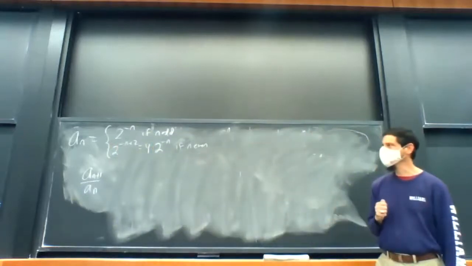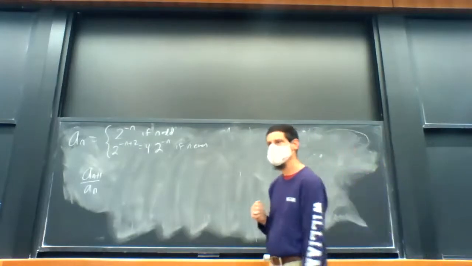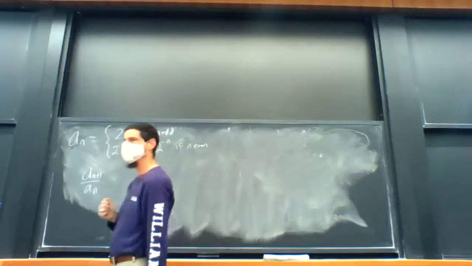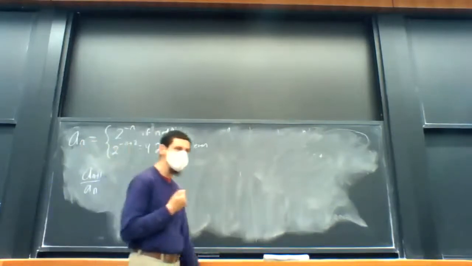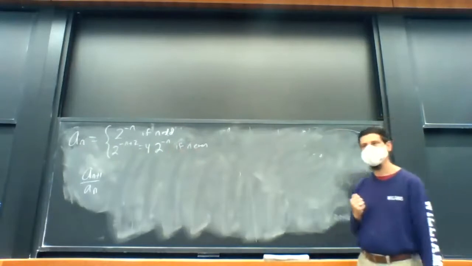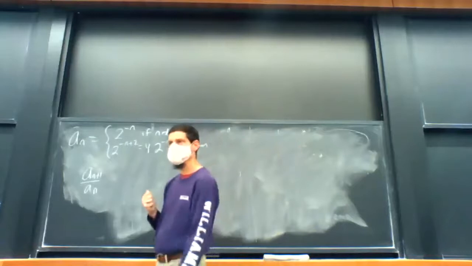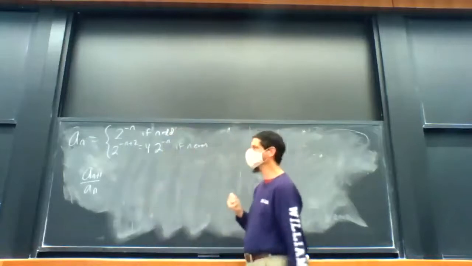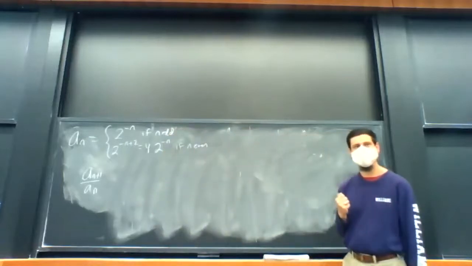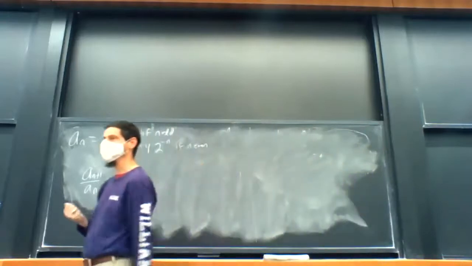What else is going to be a little bit problematic for us when we want to calculate a_(n+1) over a_n? When you look at what we have here, what's the issue? It depends. So this is like Lagrange multipliers.